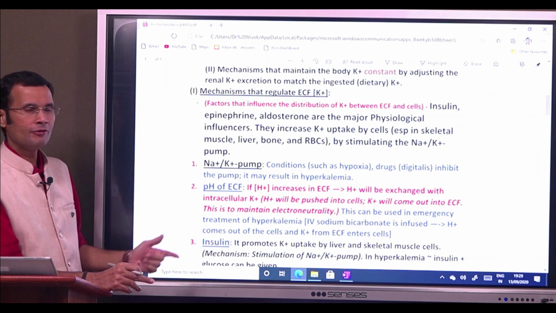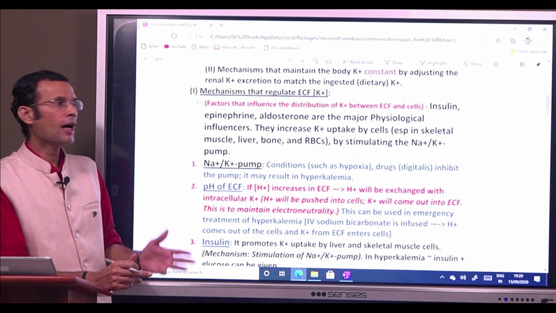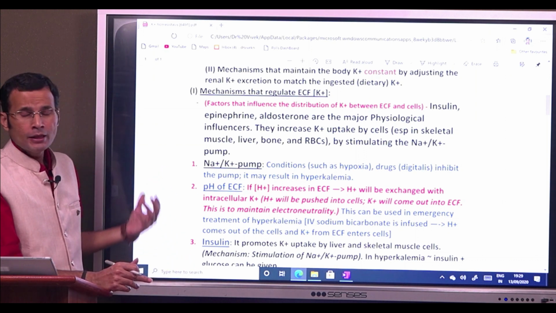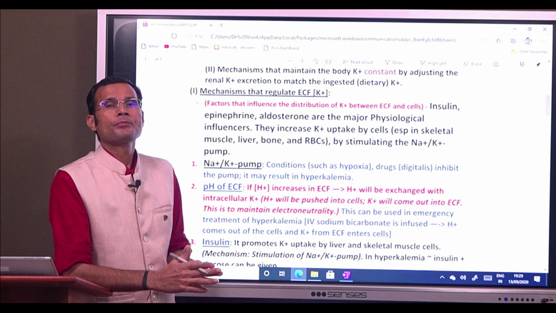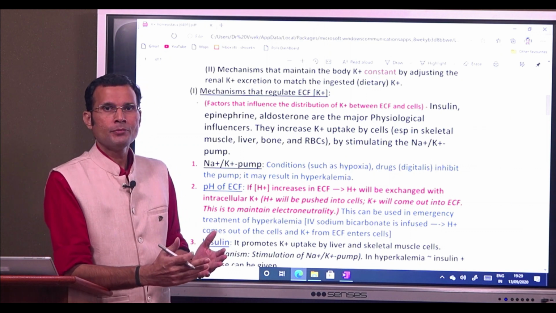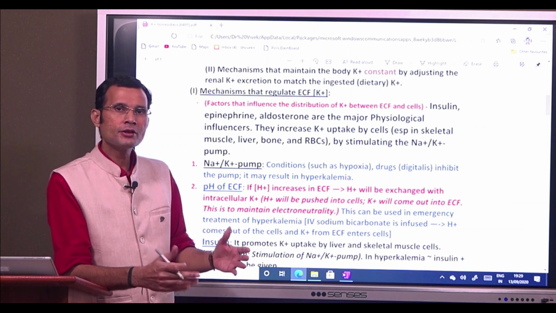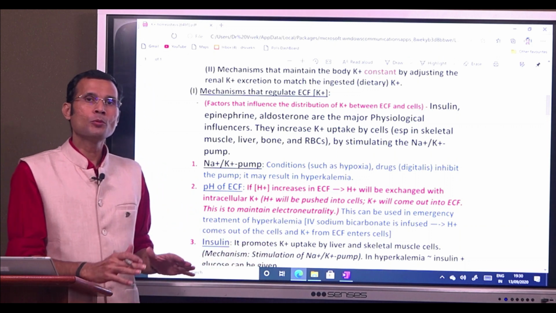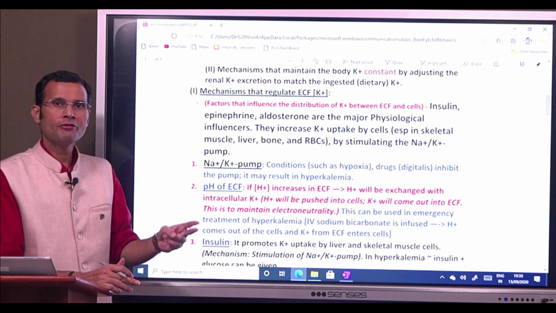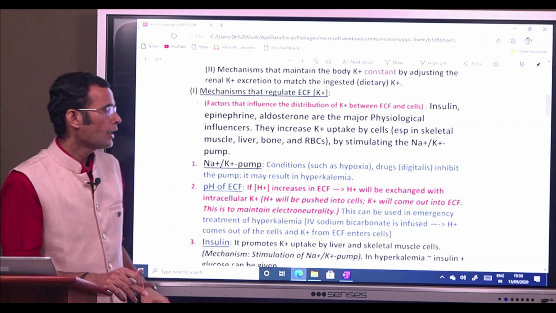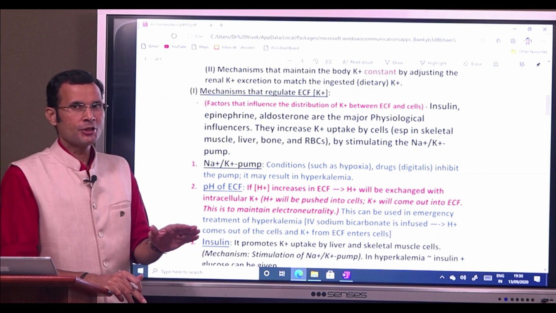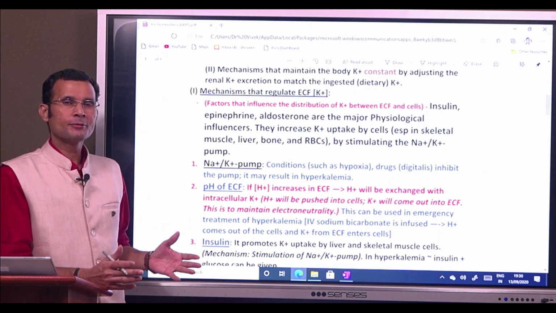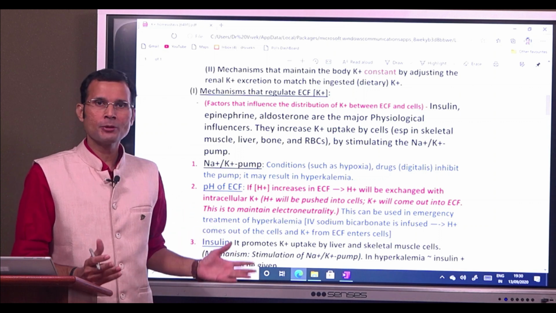Skeletal muscle, liver, bone and the RBCs. In these cells, the uptake of potassium will be enhanced by these three hormones, insulin, epinephrine, aldosterone. And as I mentioned previously, how do they achieve this? By stimulating the sodium potassium pump.